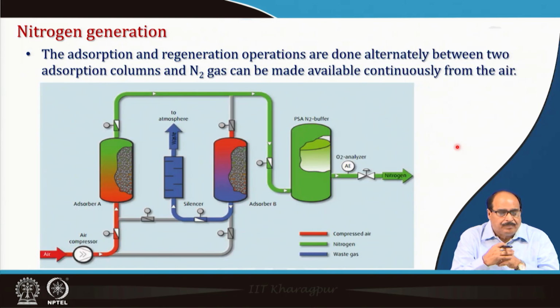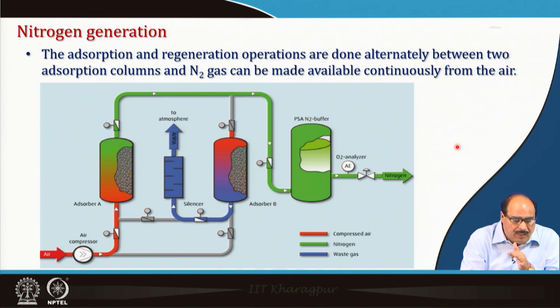In the nitrogen generation, the adsorption and regeneration operations are done alternately between two adsorption columns, so nitrogen gas can be made available continuously from the air.